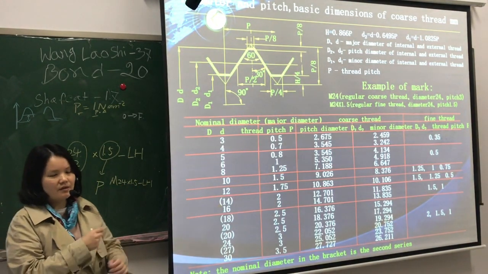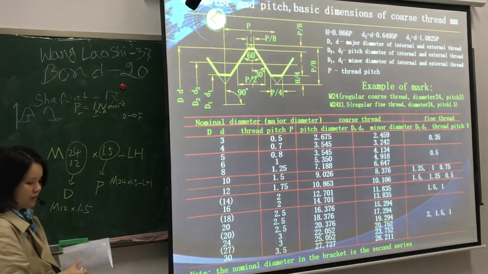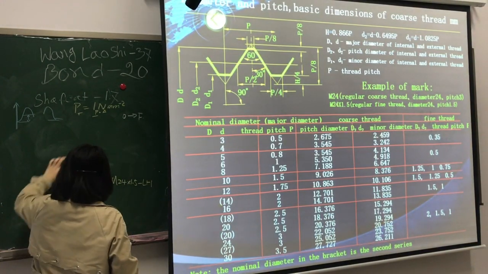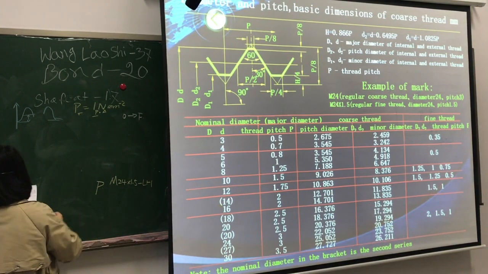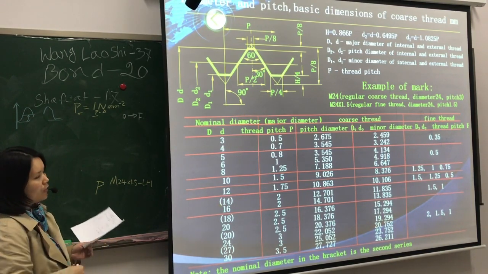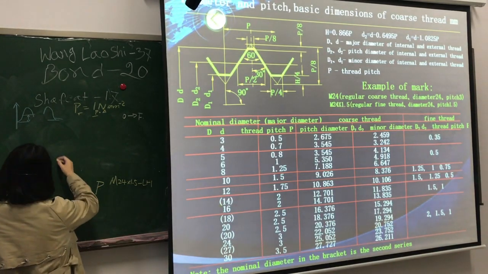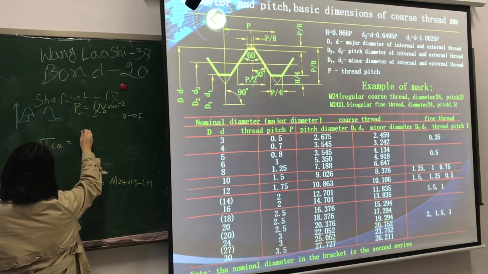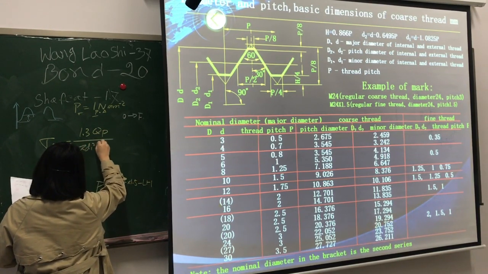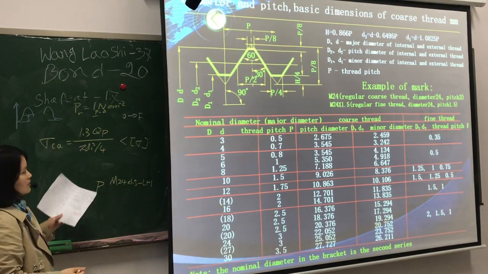From strength calculation, we can calculate this. For example, for the condition where the bolt is only subject to preload, we can calculate sigma CA equals QP, which should be less than the allowable stress.